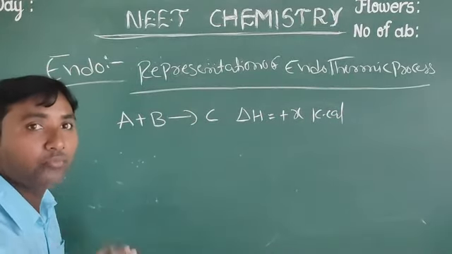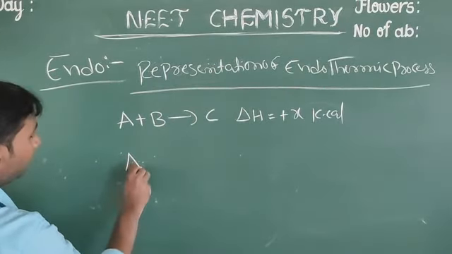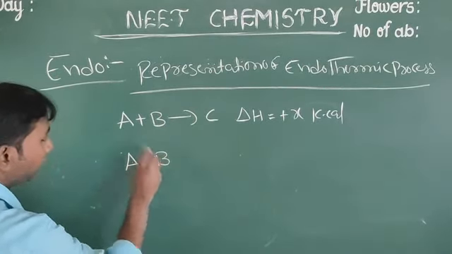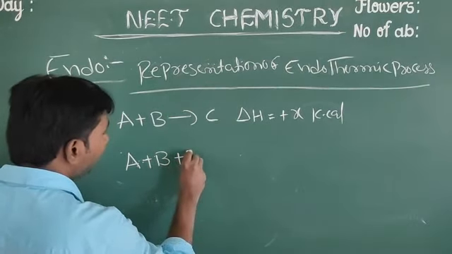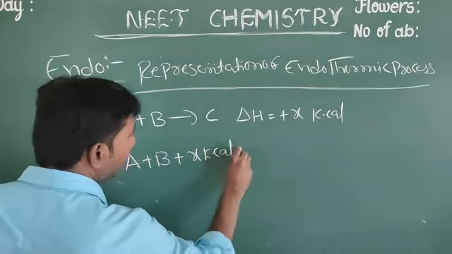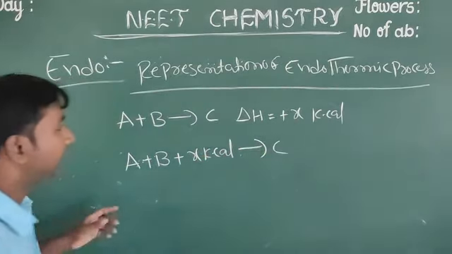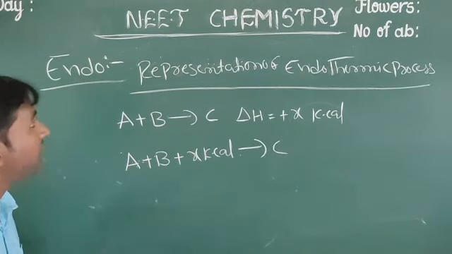While solving problems we should find this out. Otherwise, A plus B plus X kilocalories gives C. This is also an endothermic process representation.